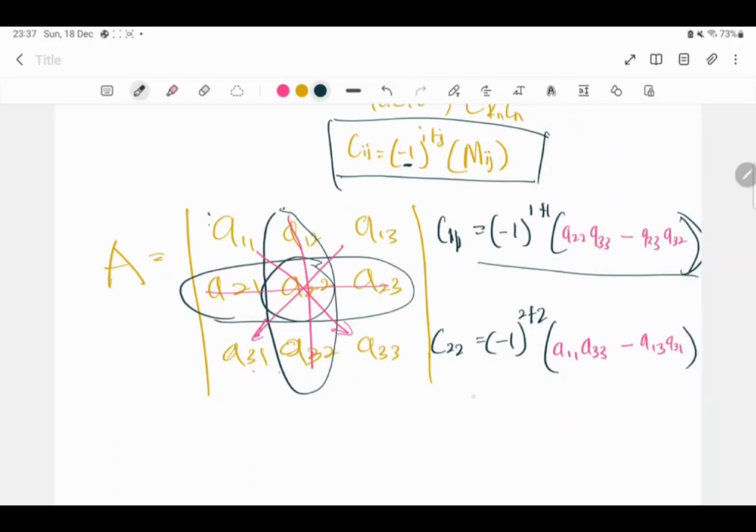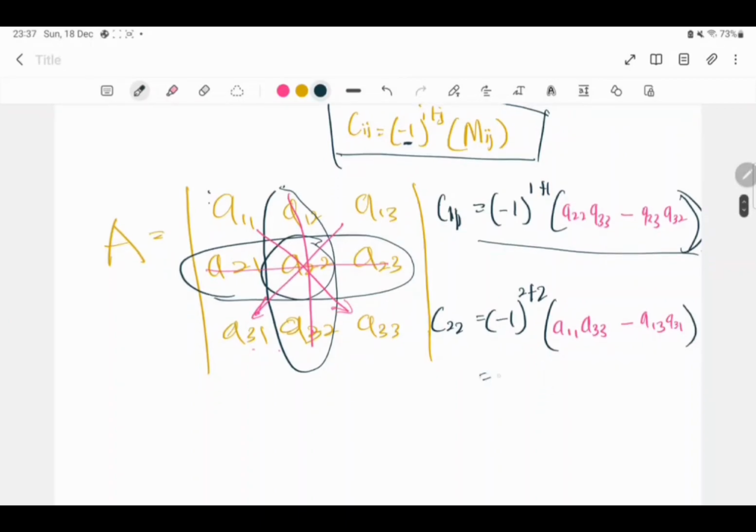So this is how we find the cofactor for an element in the matrix. Finally, C22 is -1 to the power of 4 times A11 A33 minus A13 A31.